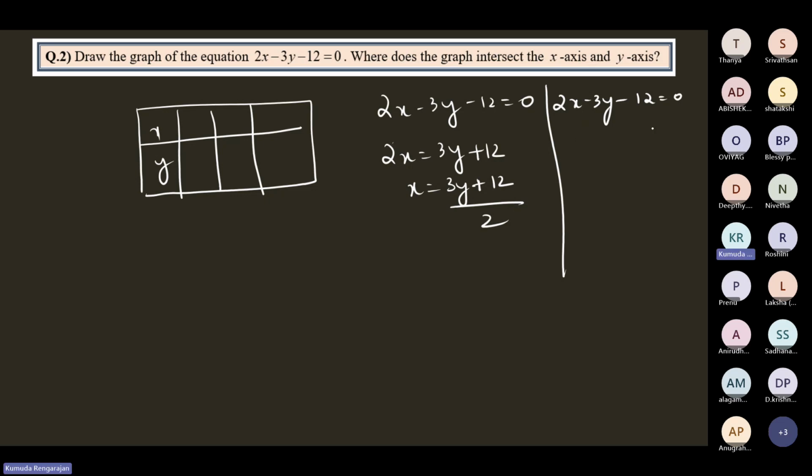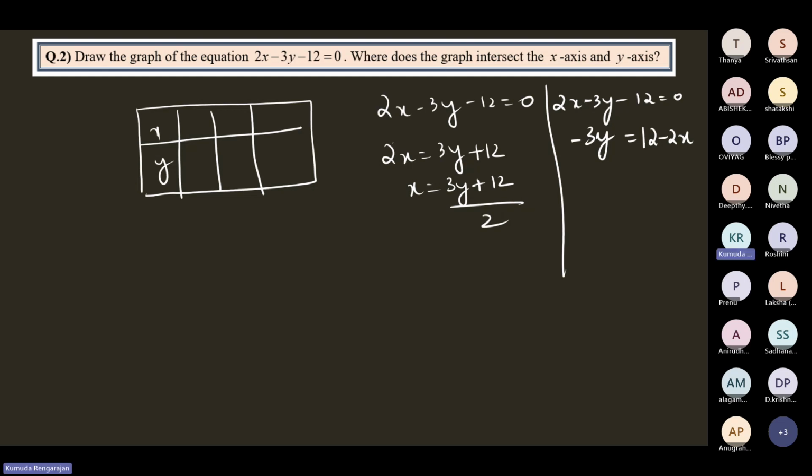Or you can write it like this. It's minus 3y. So see, minus 3y is equal to, tell me, minus 3y is equal to, yes, children, 12 minus 2x, correct? Now it's minus 3y, so change the signs throughout.